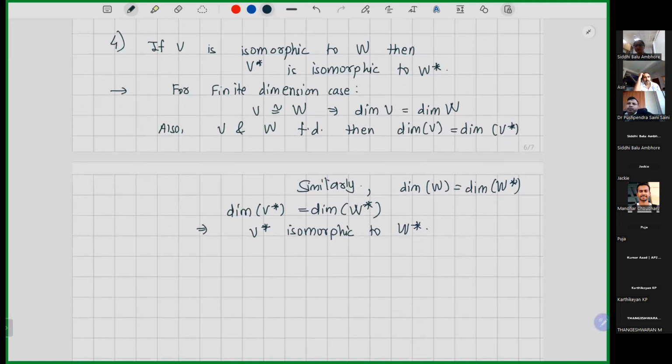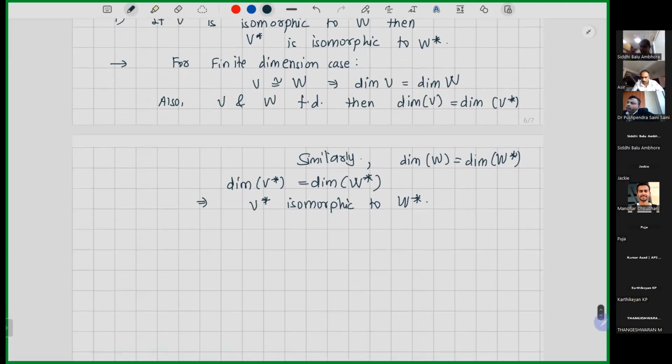So we can use that result to say that V is not isomorphic to V star.